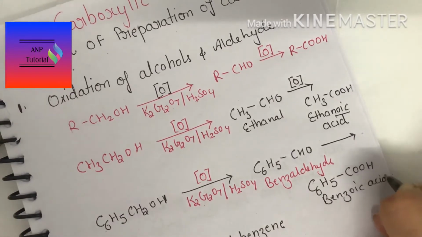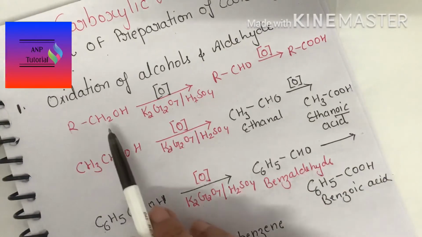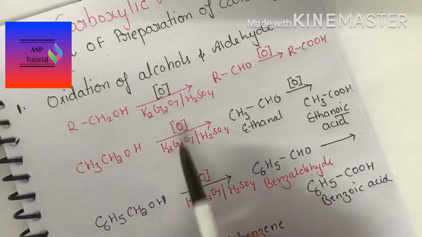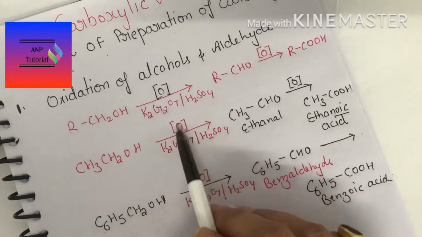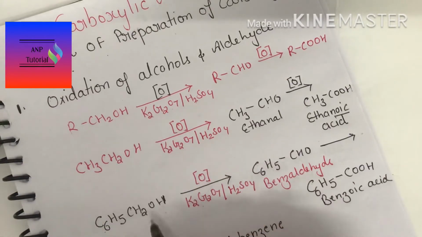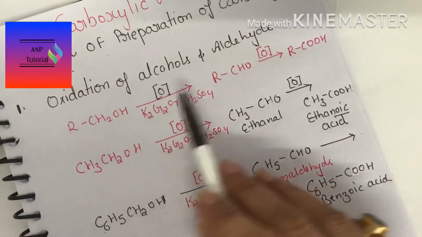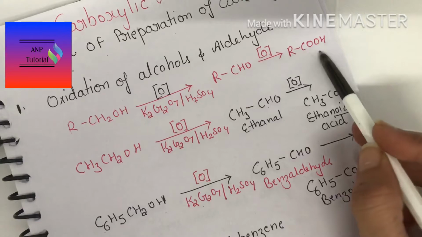Okay, this is the method in which oxidation of alcohol takes place in the presence of a strong oxidizing agent, acidic medium. Oxidation, as you know, is addition of oxygen on the alcohol group, and we get first, from a 1 degree alcohol, aldehyde and then carboxylic acid.